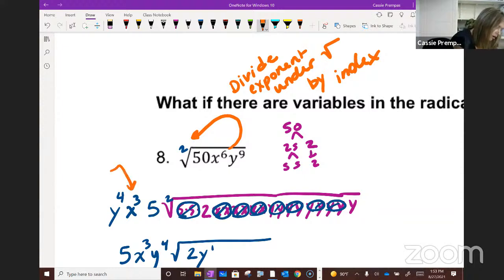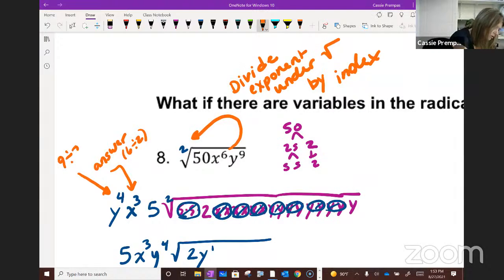That would be your answer. So in this case, the 6 divided by the 2 gave us a 3. But in this case, the 4, we would take 9 and divide it by 2. And that is our answer. So our answer goes here.